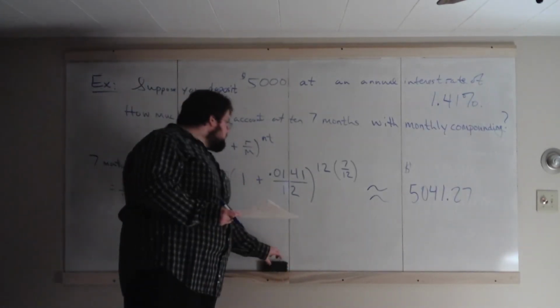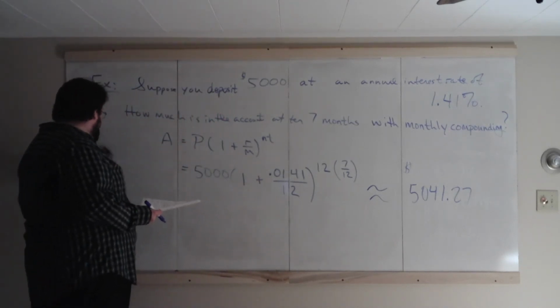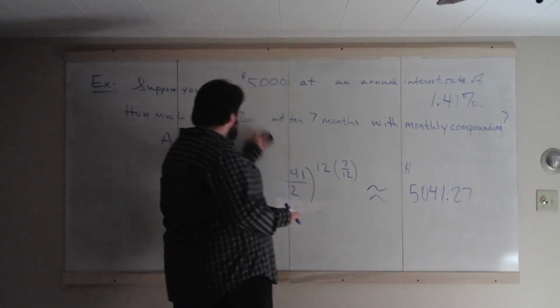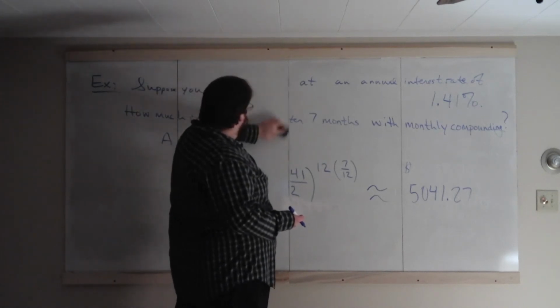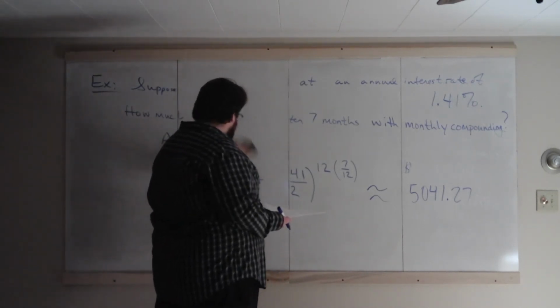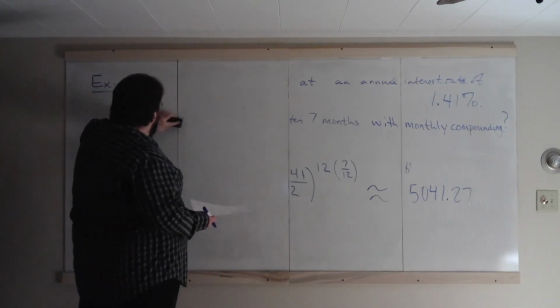That answer does make sense because it's only 7 months. You throw 5,000 in at a relatively low interest rate, so you wouldn't expect this to be much higher. These interest rates we're using in these examples, even this last one, are very unrealistic for savings accounts right now. Savings accounts are earning like nothing. They are barely worth having.